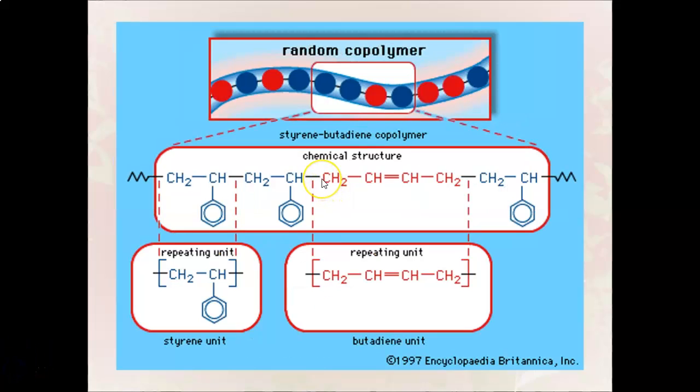Random copolymer: the random copolymer contains two or more monomer units, which are randomly placed along the main chain. Now we look at the structure here. We have the repeating unit of styrene and also the butadiene unit.